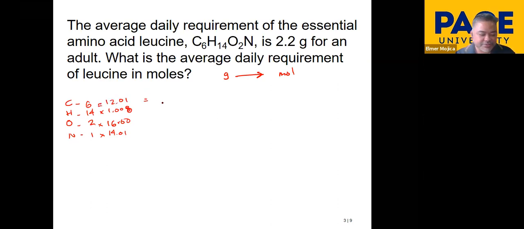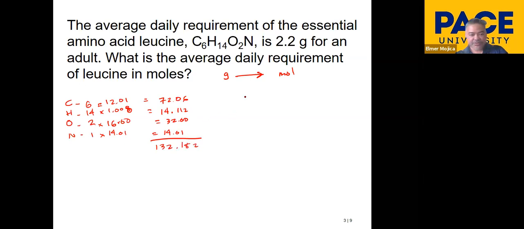So 6 times 12.01 is around 72.06, and then 14 times 1.008 is 14.112, you have 32, and this is 14.01. What you have overall is 132.182, or you can round it up to 132.18 grams per mole.